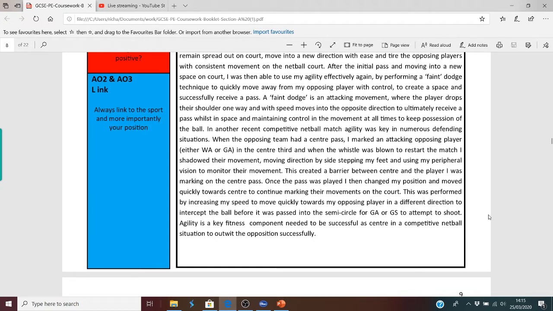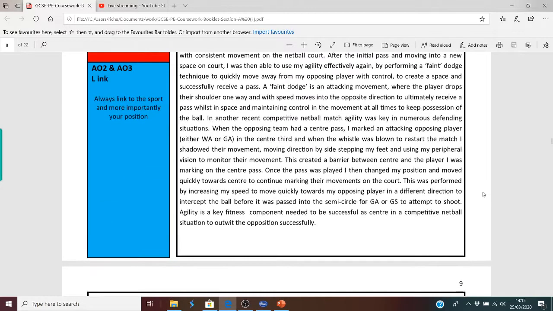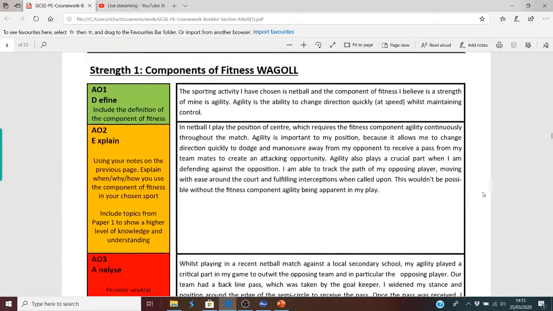It was passed into the semicircle for the goal shooter to attempt to shoot. Agility is a key fitness component needed to be successful as a centre in a competitive netball situation to outwit the opposition successfully. That might seem like a lot, but let's have a look at these key points.